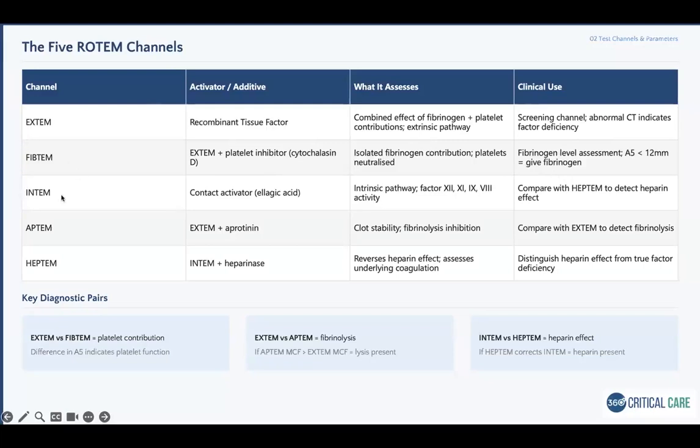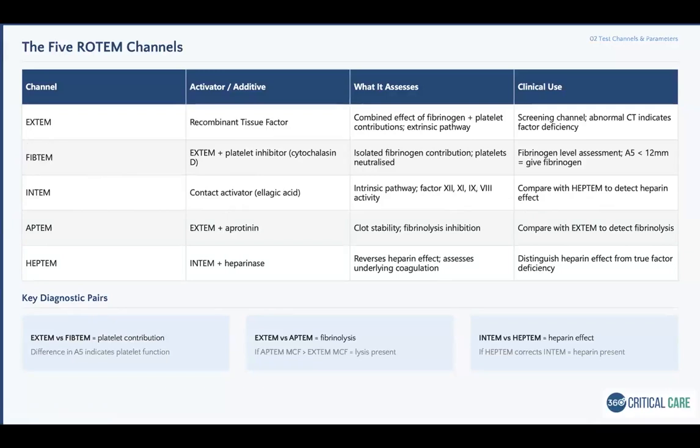The third channel is INTEM, or as the name suggests, the intrinsic pathway. You add a contact activator so that the intrinsic pathway is activated. It looks at factors such as factor 8, 9, 11 and 12, and basically the role of INTEM is to compare INTEM with HEPTEM and see if there is a residual effect of heparin.